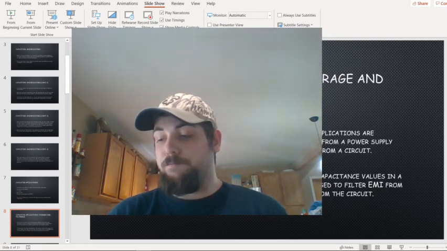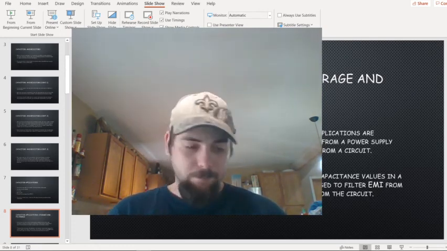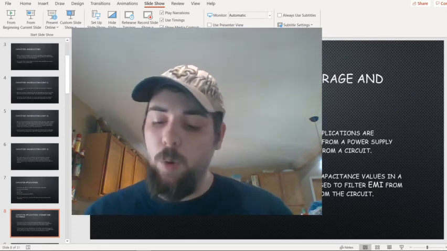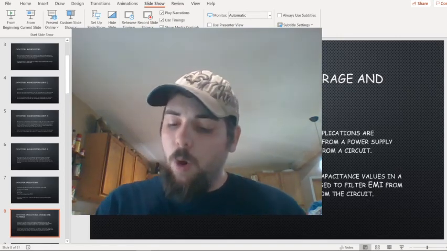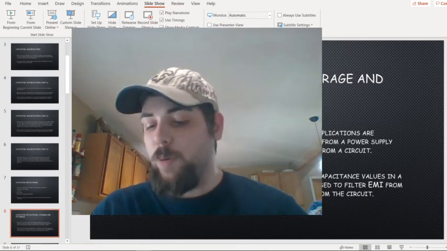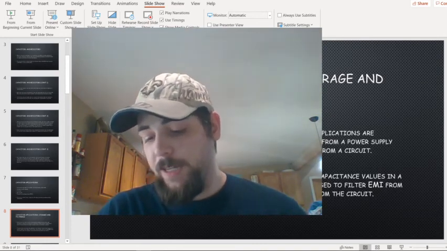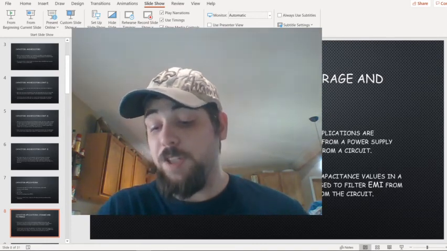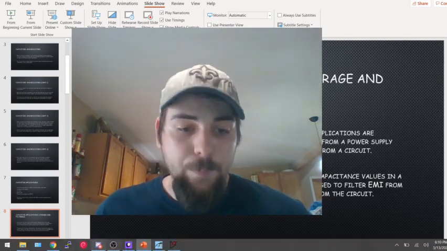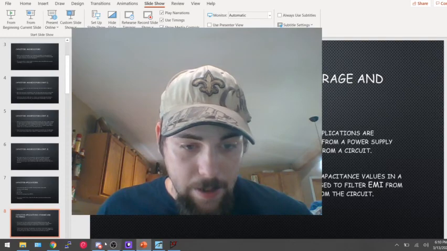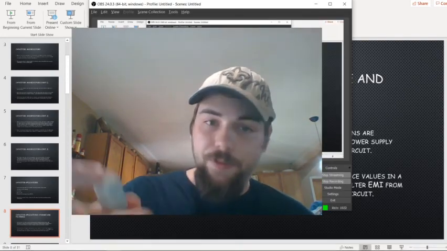So it's basically for line filtering. So generally these are either ceramic or film capacitors. And the reason they choose those is because the failure mode of these specific types of capacitors is a safe failure. And this is what they look like.